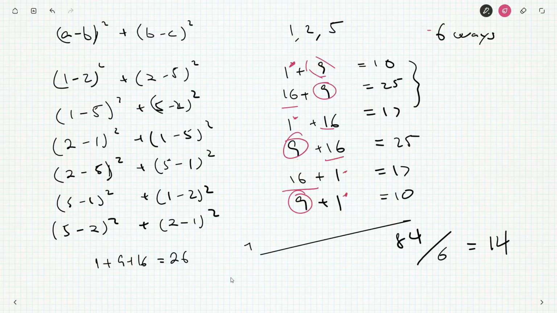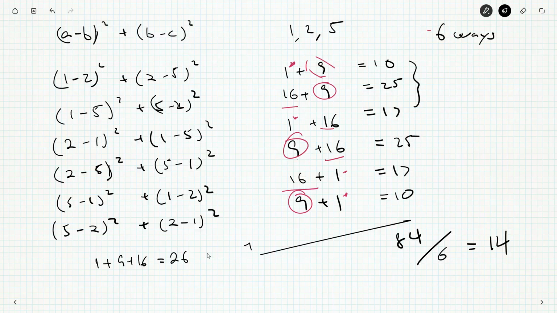So, why is that, we might ask? Where can the 1 come from? The 1 can come from the fact that we've got a 1 and a 2 paired together. So if a is 1 and b is 2, or a is 2 and b is 1, we're going to get a 1 there, and there's 2 ways that can happen. Same thing if b and c are 1 and 2 or 2 and 1.